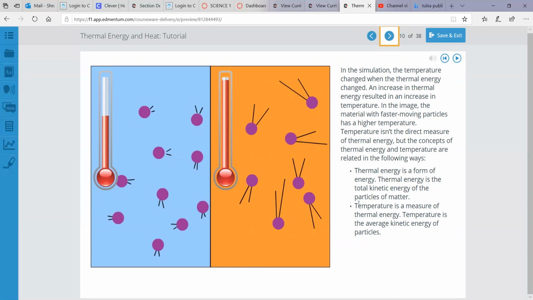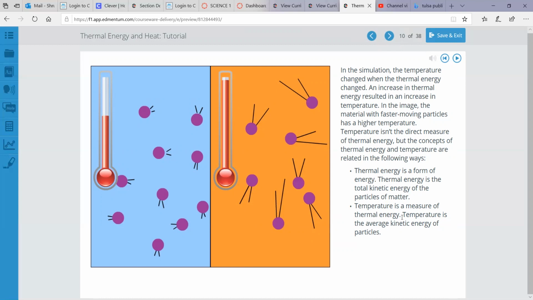The material with faster moving particles has a higher temperature. But it's important to note that temperature is not the direct measure of thermal energy, but they are related in these ways. Thermal energy is a form of energy, and it is the total kinetic energy of the particles in matter.